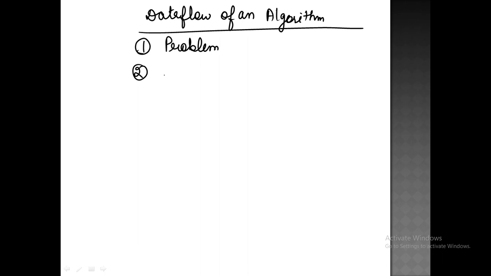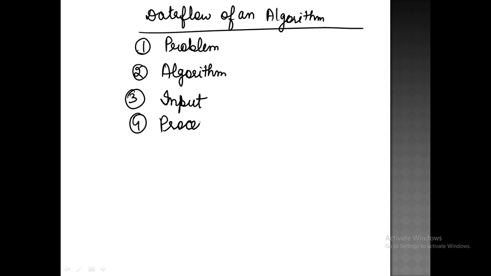Then we will see what type of algorithm is used for solving that problem. Third, what type of input will be given to the algorithm. And then the processing unit will execute, and after that we will finally get the result.